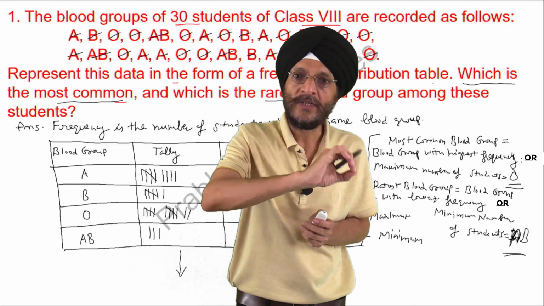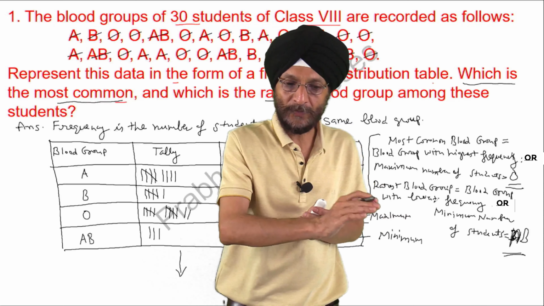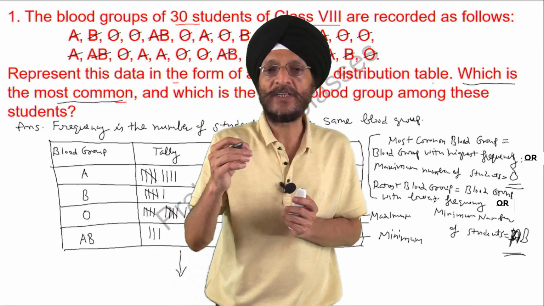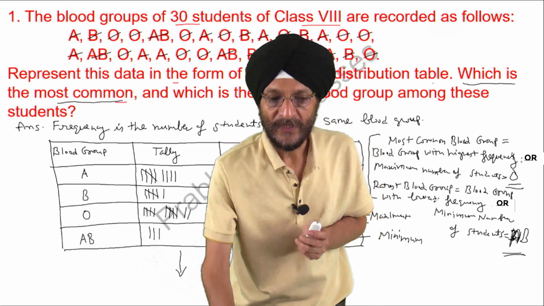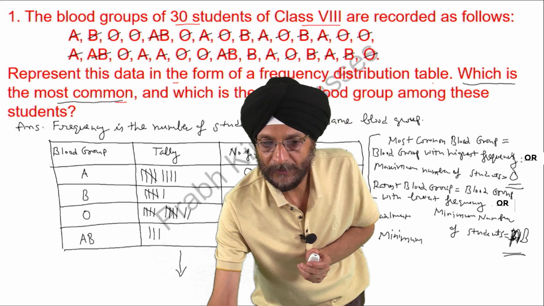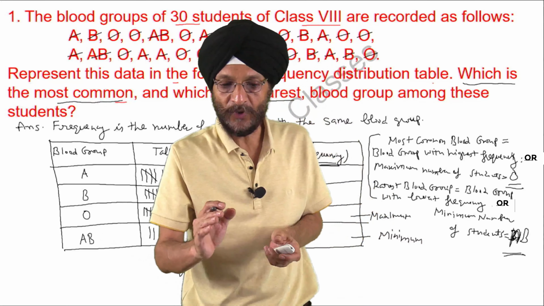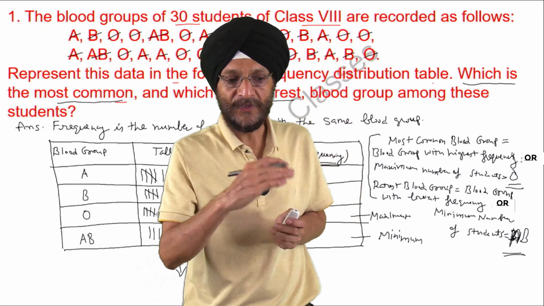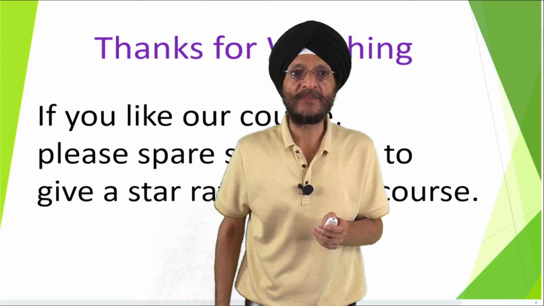We have to count each student having a particular blood group in the form of a table. We are not to count the students verbally. We have to count the students by writing the same in the form of a tally, and then sum up the same, and this will be the frequency, that is, the number of students. When we form the table, we can easily find out which is the most common and which is the rarest blood group.